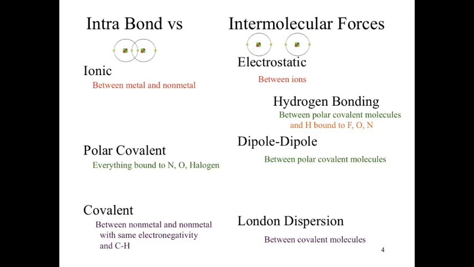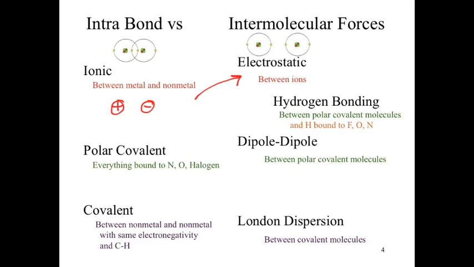Once you know the type of bond that you have, for instance, an ionic bond is between a metal and a nonmetal, well, one of the characteristics you might see would be a plus and a minus. Well, if I now know what the bond is, what kind of forces would I expect out of that? Well, it turns out the forces I would expect would be between ions, electrostatic. Okay, so that's kind of a neat pairing.